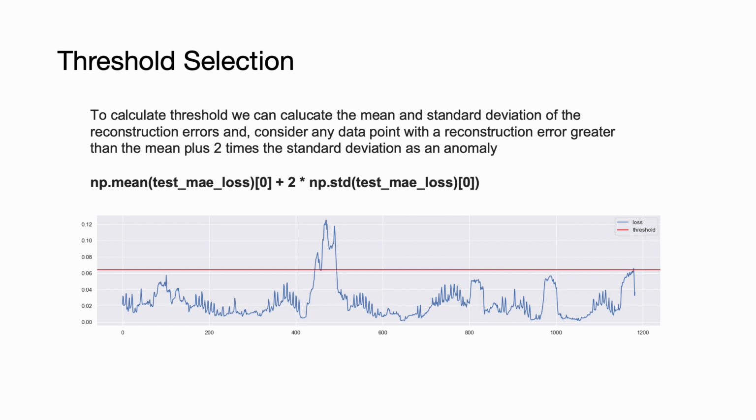So we use the reconstruction error loss distribution which we saw on the last slide, and use that to build it. So from this plot we can clearly see where the threshold is at this point in time.